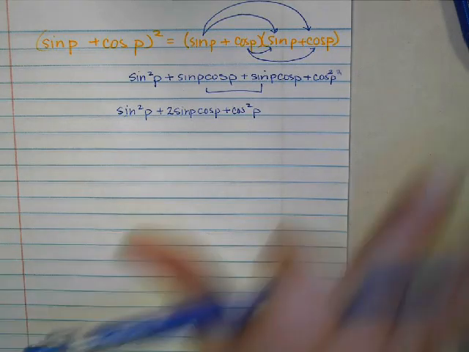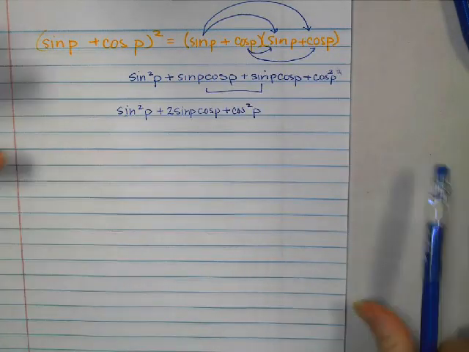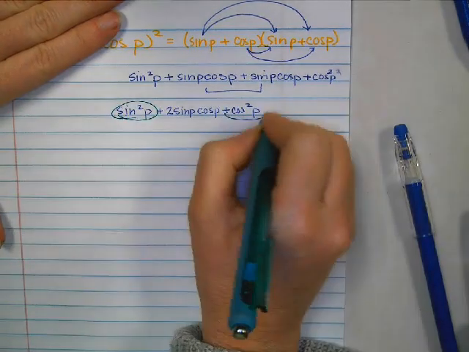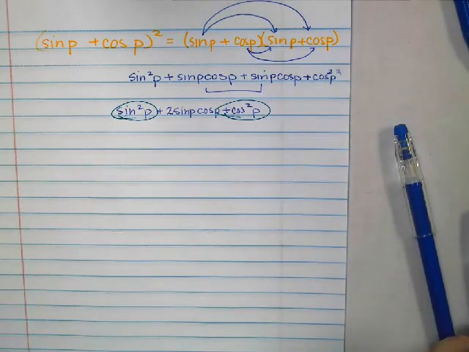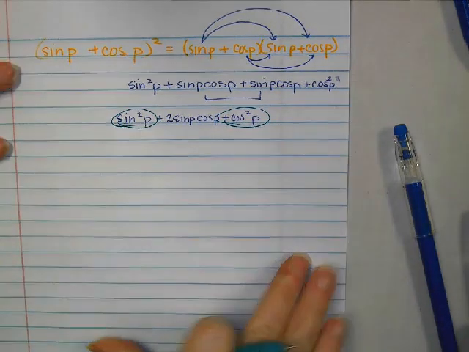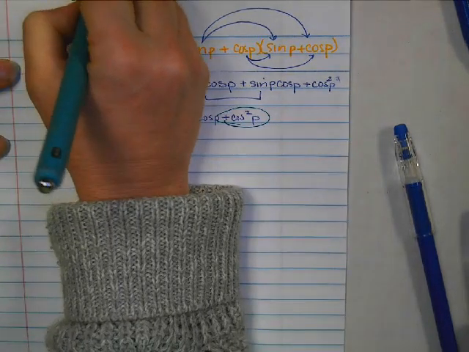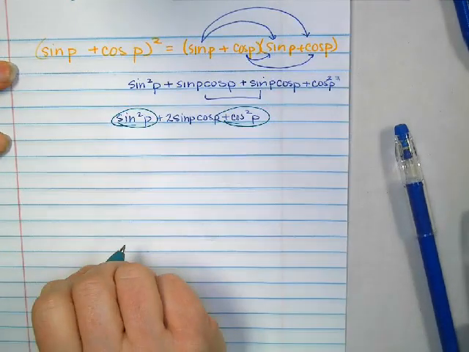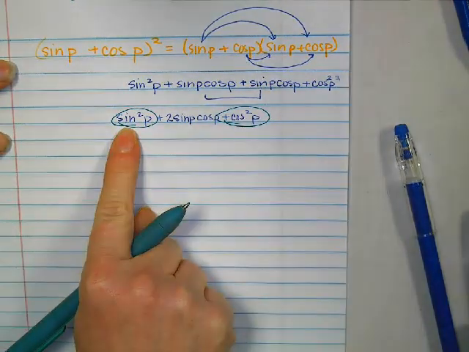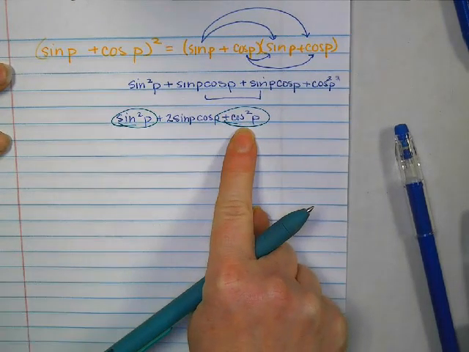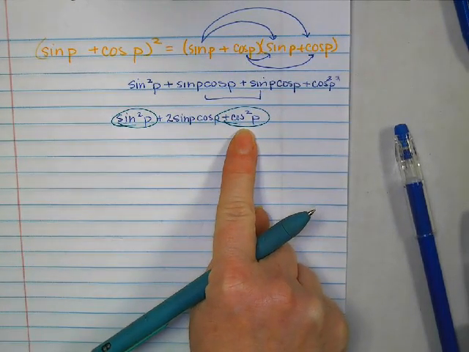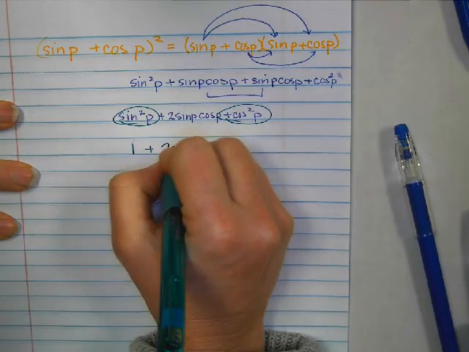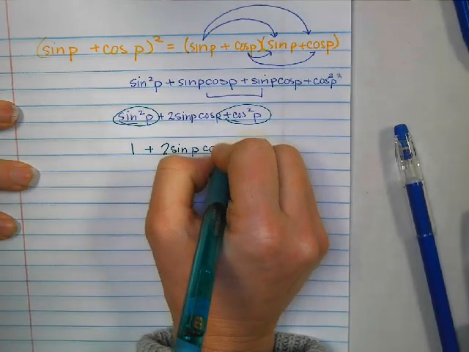Okay, now even before I go back and put in my half angle, anytime you have these 2 things, it should remind you of your favorite identity, which is sine squared theta plus cosine squared theta equals 1. So I have sine squared p plus cosine squared p. So take them out and just put a 1. So 1 plus 2 sine p cosine p.